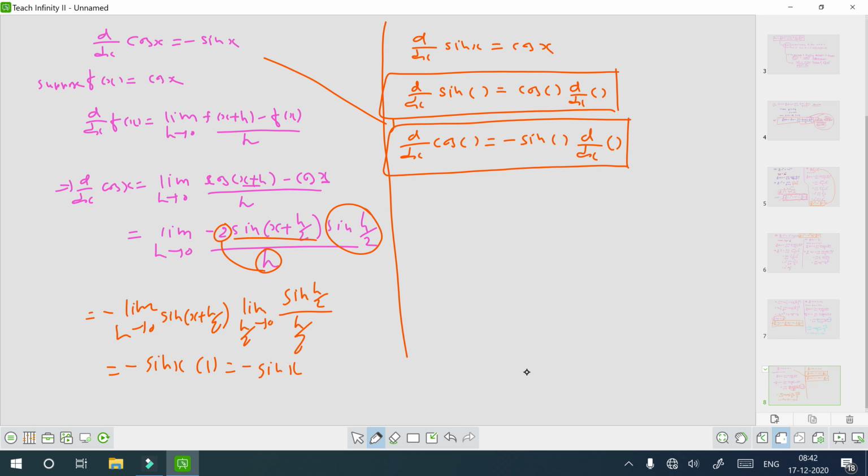You have to prepare these and learn them. In the next lecture we will see d by dx of tan x is equal to sec square x. Suppose f(x) is equal to tan x. Now see this definition, d by dx of f(x) is equal to limit h tends to 0, f of x plus h minus f(x) over h.